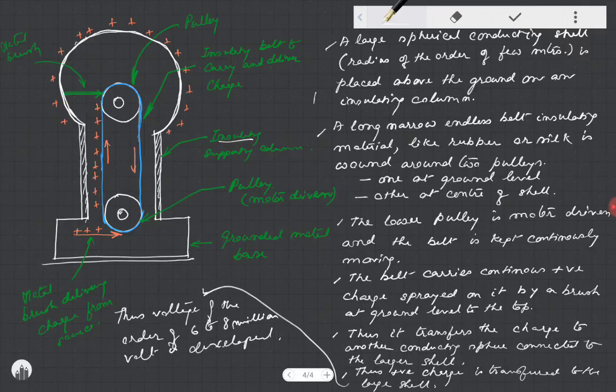The lower pulley is motor driven, and with the lower pulley there is a metal brush through which the charge is delivered, and through the belt it is taken to the upper pulley, where the charge is transferred at the center of the sphere.